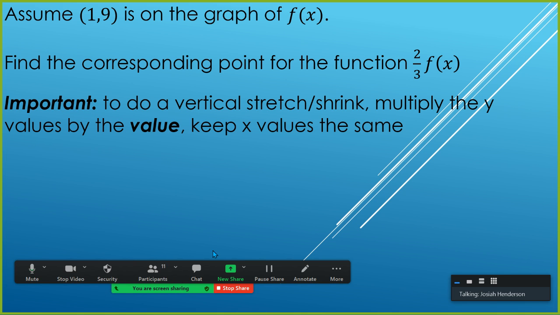All right, let's check this one out. Hopefully you guys are trying this one on your own. We have our given starting point, 1, 9. And we're supposed to do this transformation 2/3 times f of x. So our original is 1, 9.